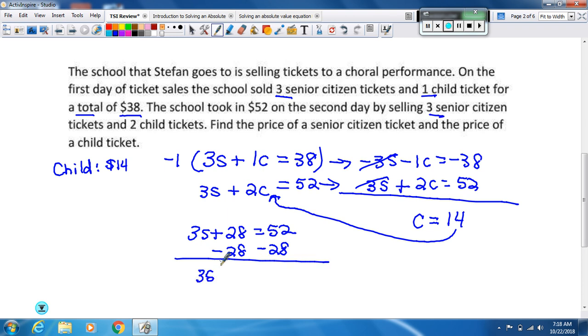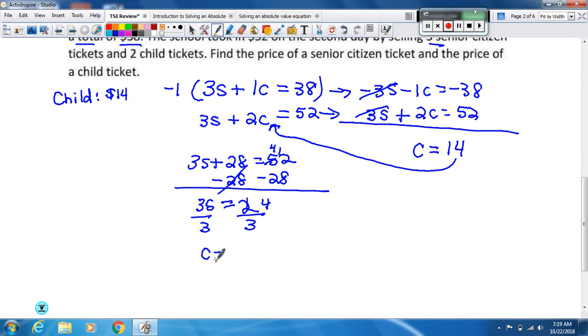So 3s, opposites cancel, equal 52 take away 28 is 24, sorry about that. 24 divided by 3, I'm sorry, that's an S, not a C, is 8. So the senior ticket is $8.